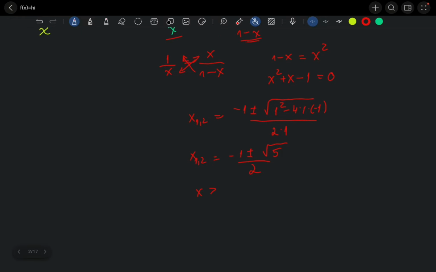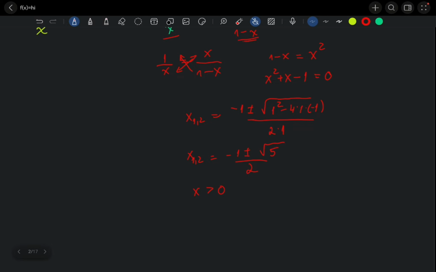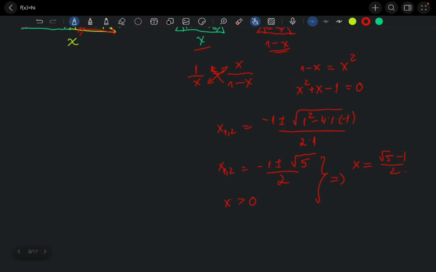We know that x must be greater than 0 because we are talking about measuring things and the measure cannot be negative. So from those two, we can conclude that x must be equal to square root of 5 minus 1 over 2.